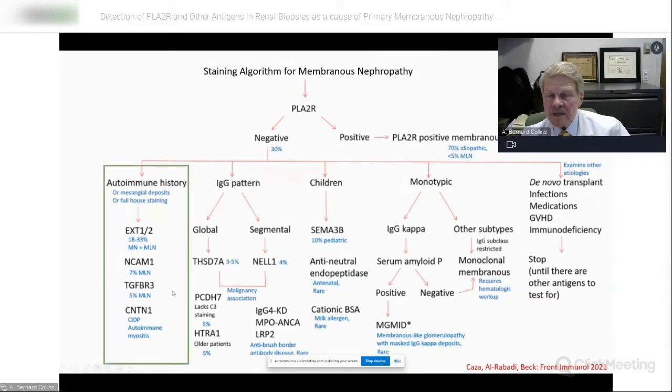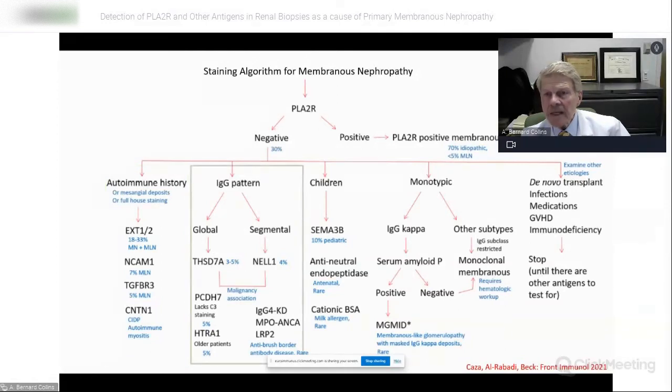One of the most important things to do is to think about whether there is an autoimmune history in addition to membranous, and the IgG pattern of staining, whether it's global or segmental. We're going to have a little exercise using this algorithm to walk us through in what direction we're going to go to determine an unknown antigen in membranous.